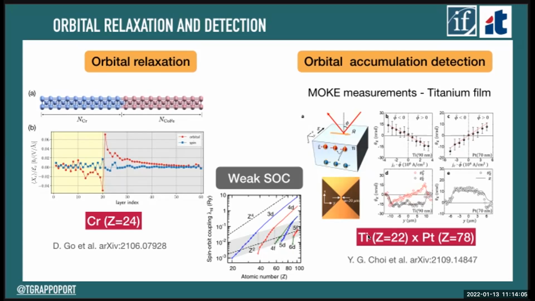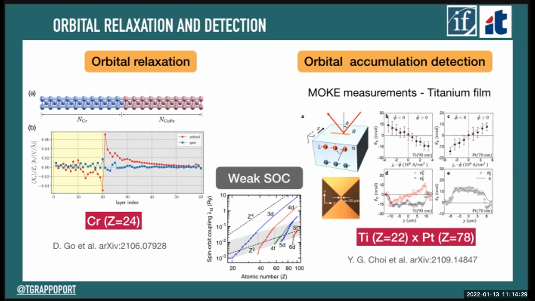And a few months ago, we could see the first experimental results directly detecting the orbital accumulation of the orbital Hall effect with MOKE. In these experiments, the authors use, again, as I was telling you, a light metal like titanium to generate the orbital accumulation through the orbital Hall effect.